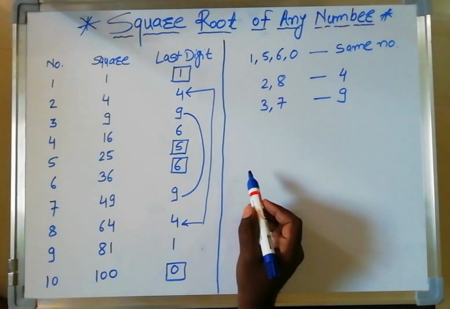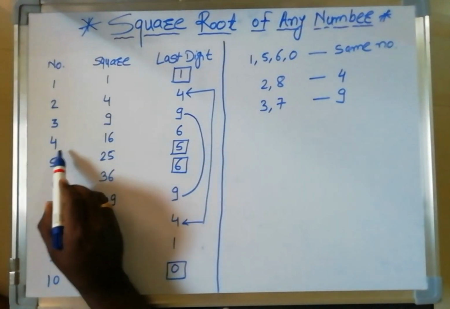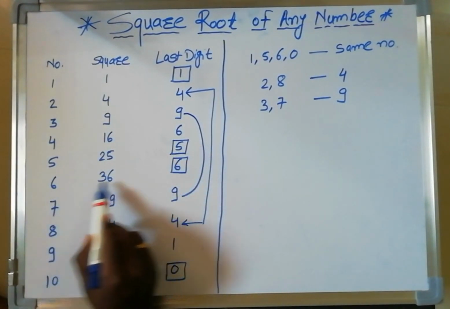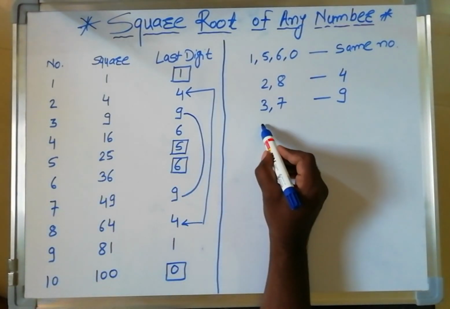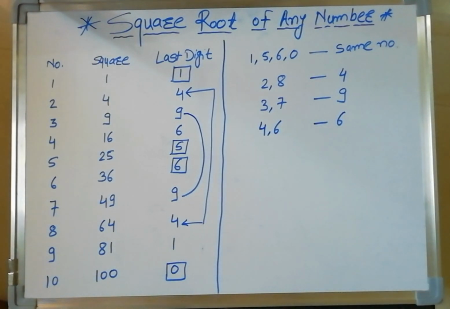Now we have another pair, that is 4 and 6. 4 squared ends with 6, and 6 squared ends with 6 again. So 4 and 6 give 6 as the last digit.